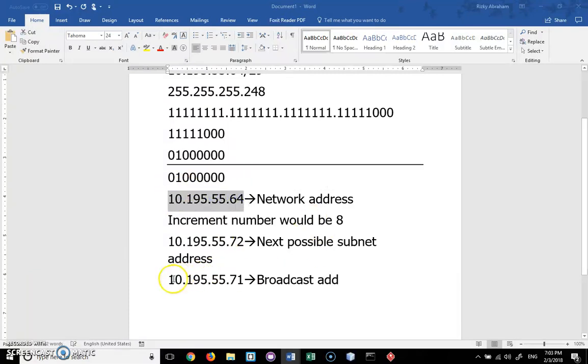And then we're trying to find the next possible subnet. So from 72 we add 8. So it would be 10.195.55.80. That would be the next possible subnet address.